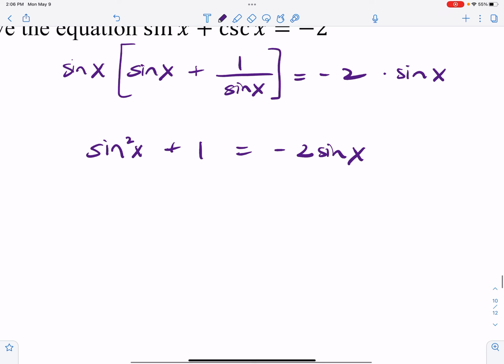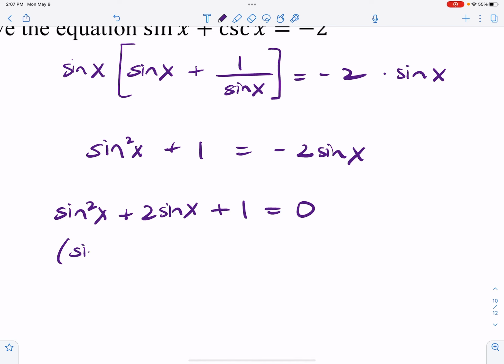And then to get 0 on one side of the equation, and then thinking about factoring.